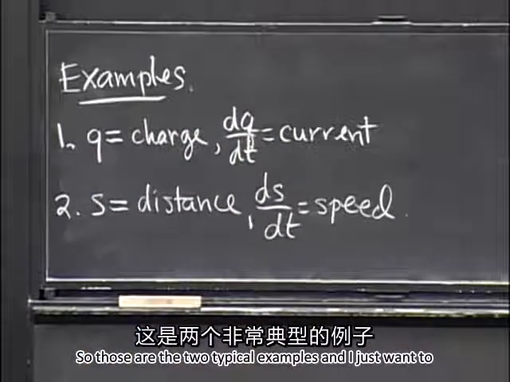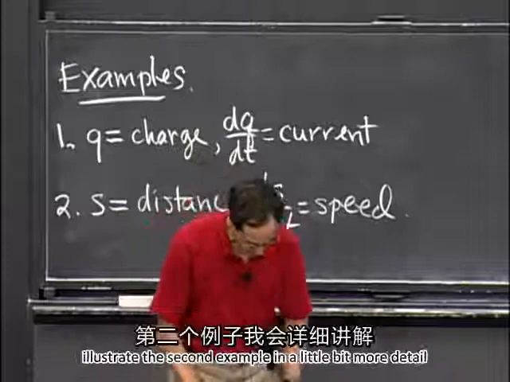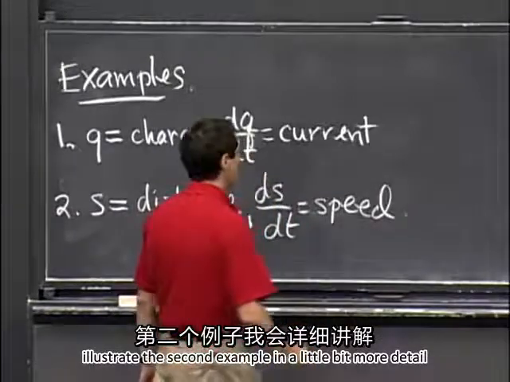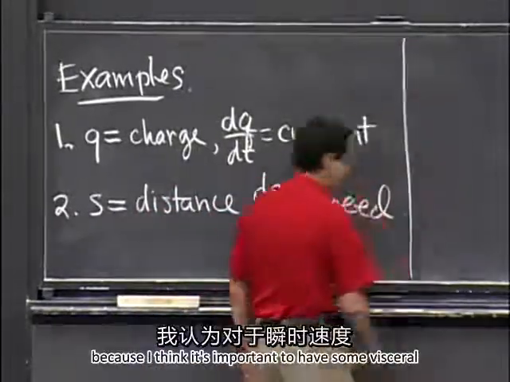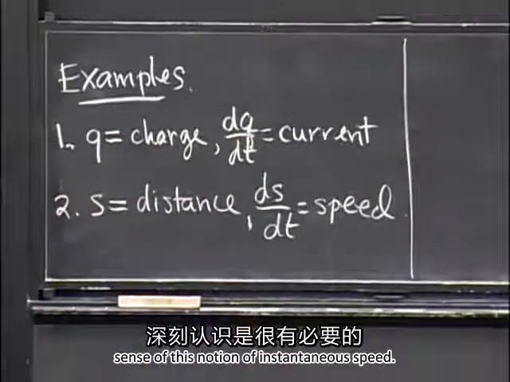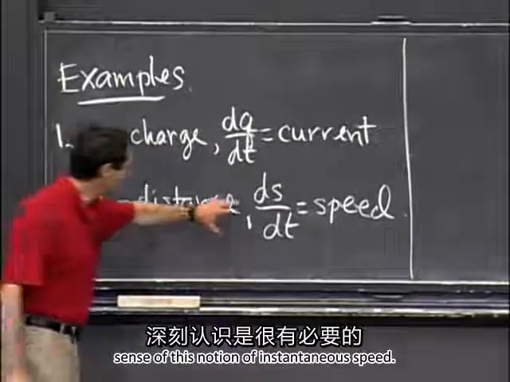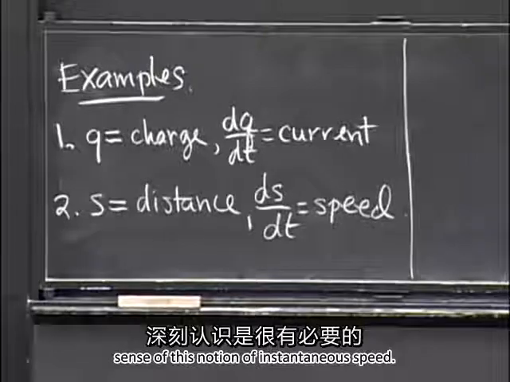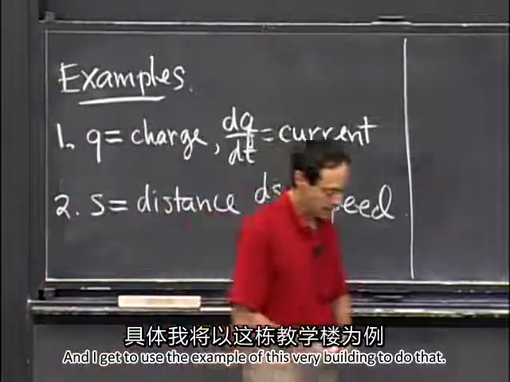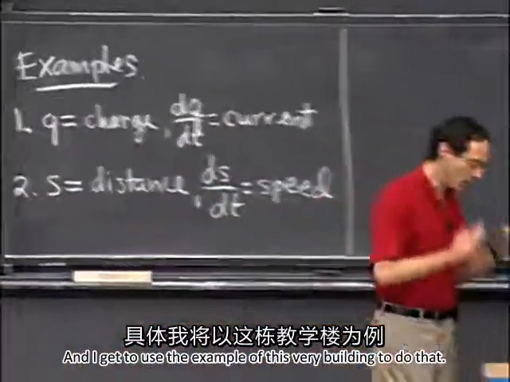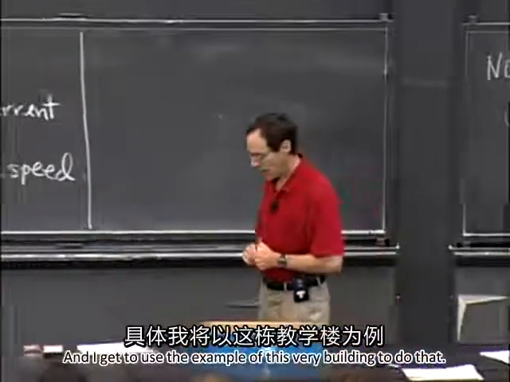So those are the two typical examples, and I want to illustrate this second example in a little bit more detail, because I think it's important to have some visceral sense of this notion of instantaneous speed. And I get to use the example of this very building to do that.